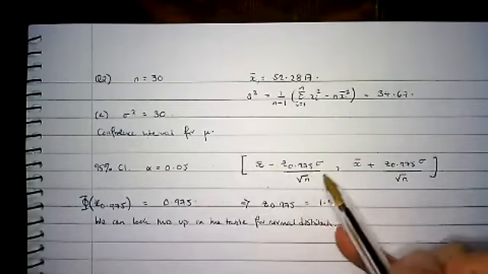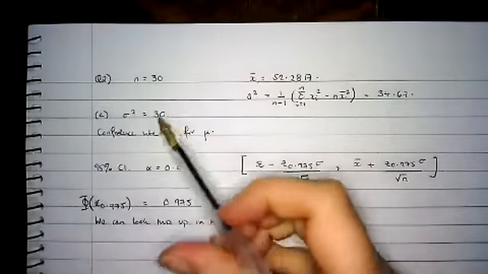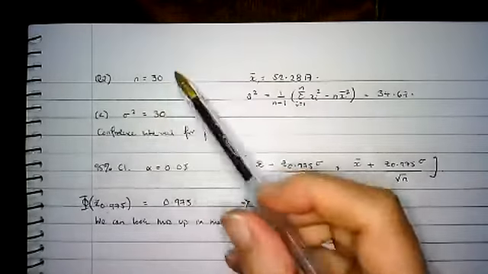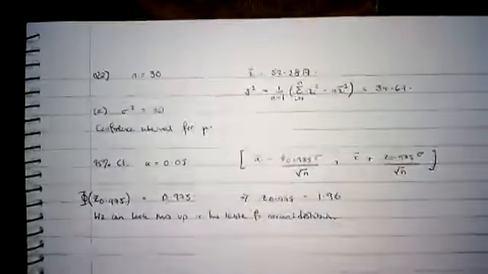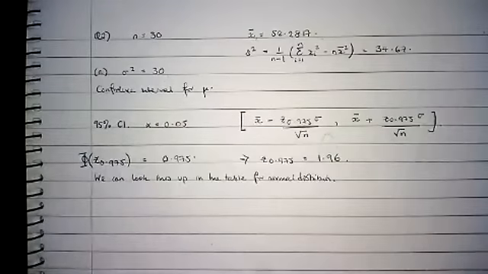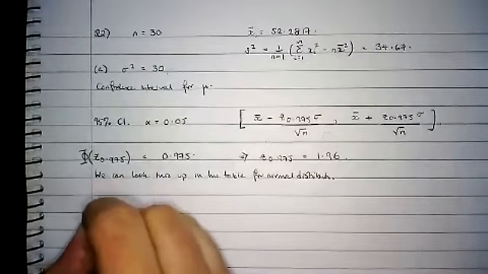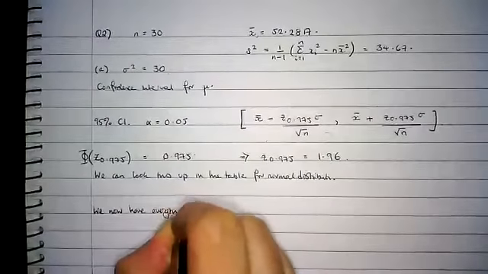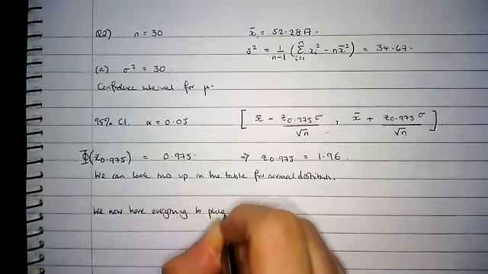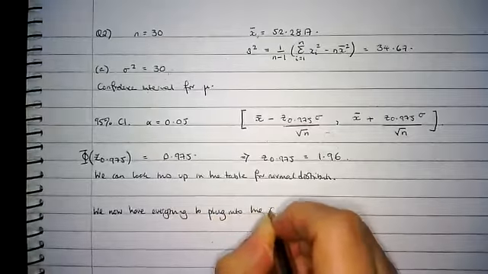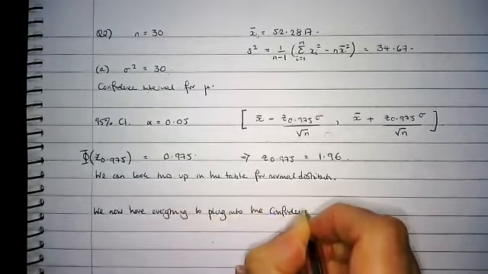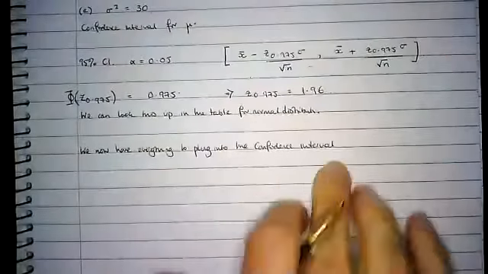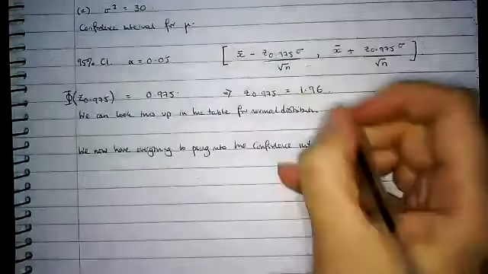So this is the standard deviation of the underlying data, which is square root of 30, and divide by the square root of the sample size, which conveniently is also square root of 30. So we've now got everything that we need to plug into this equation for the confidence interval.